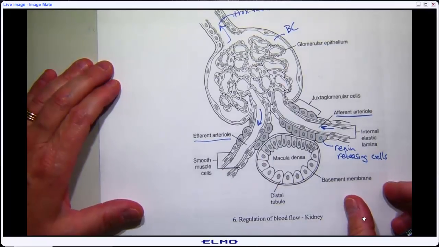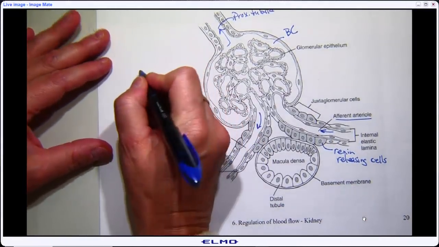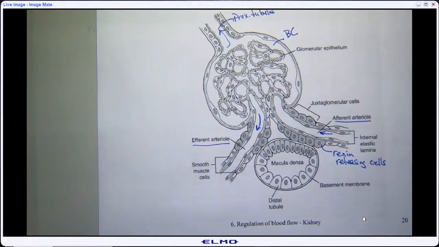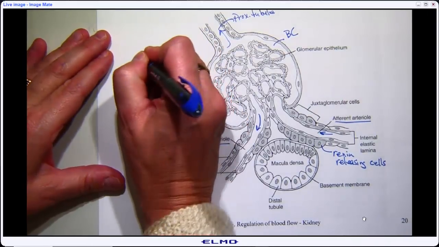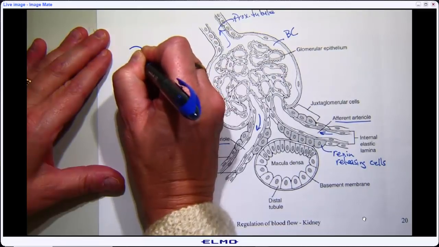a little bit. So very cool is this anatomical relationship between the afferent and efferent arterioles and the distal tubule. Okay. They're anatomically looped very specifically. So if we had, let's say, the Bowman's capsule here, it's kind of tricky to draw.